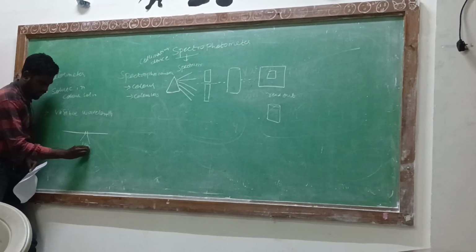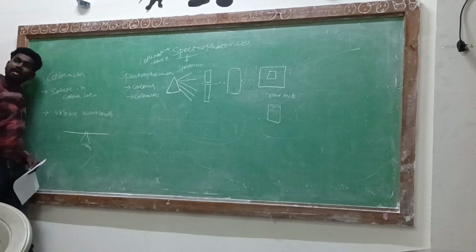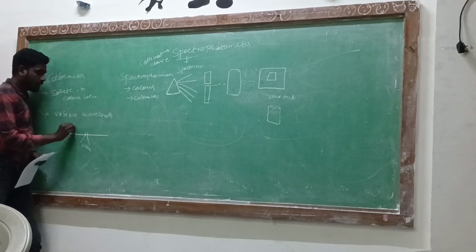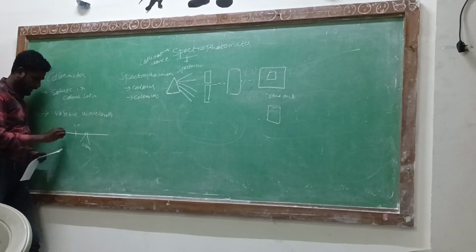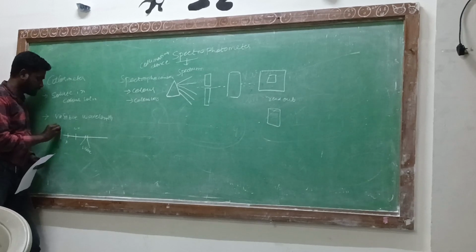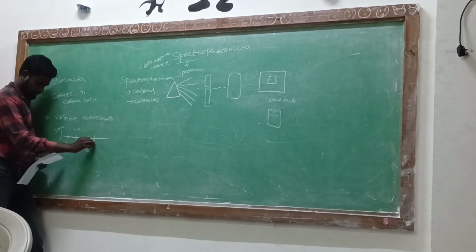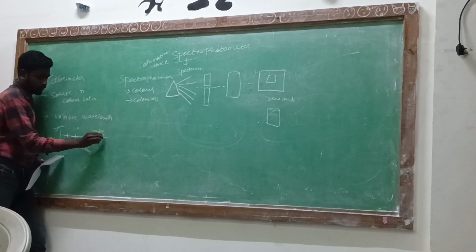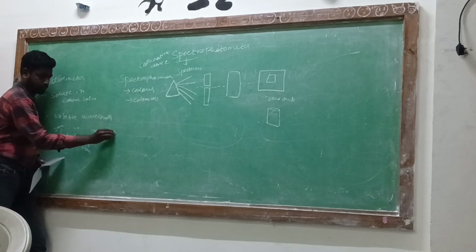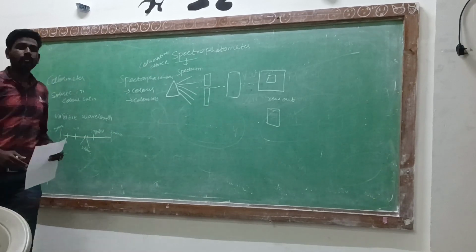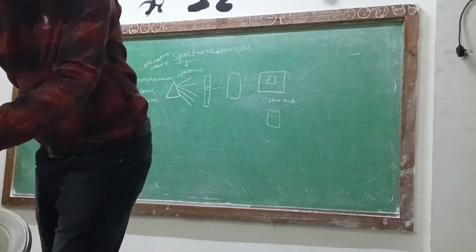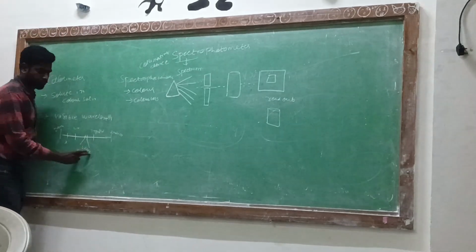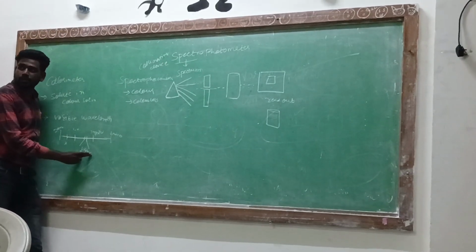Visible. The other rays existing inside that scale can be UV, X-rays, gamma rays, infrared. Now look, the spectrophotometer and colorimeter: the colorimeter takes only the visible spectrum, only the visible spectrum.